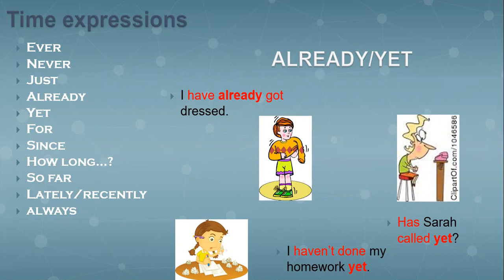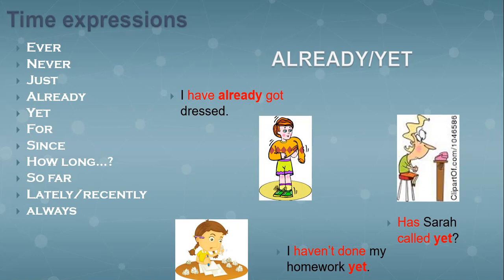For here represents the amount of time, the duration. But if I want to speak about the start of the action, I say I have been playing games since 9 o'clock. So the start of the action was at 9. So when I want to speak about the start of the action, I use since. But if I want to speak about the amount of time the action was being done, I say for.